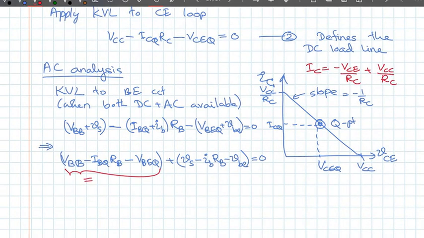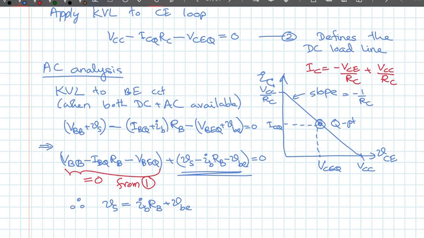Therefore I can easily write, from this equation, Vs should be equal to ib RB plus vbe. That's my AC part alone.